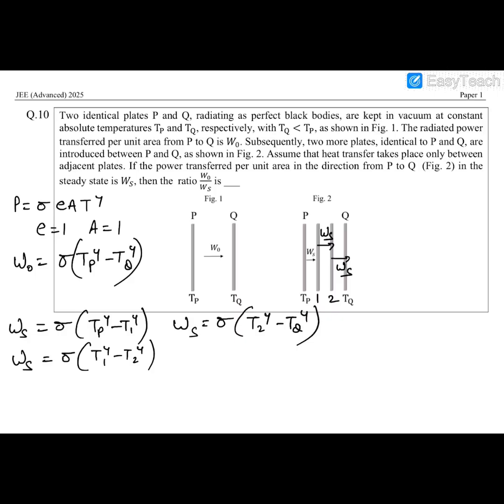Now if we add these all three equations, then 3Ws will be equal to sigma into Tp to the power 4 minus Tq to the power 4.